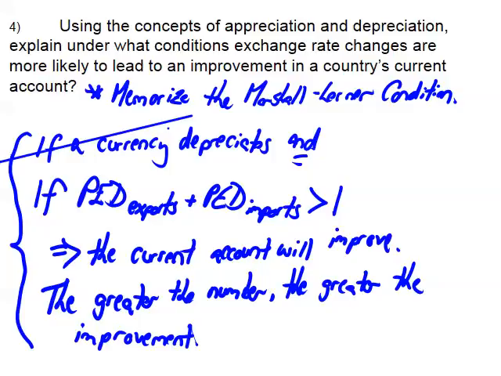Current account will worsen. If you have two things that are moving in opposite directions, so you have a currency appreciating and the elasticities of demand for exports and imports being less than 1, then again, the current account will improve because the two are negating each other. So you memorize the one condition and you can logically figure out all of the rest.